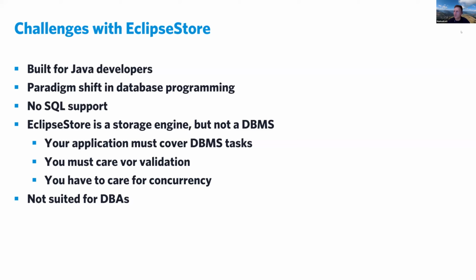There are some questions from the audience, mostly: how can I get access from third-party applications? Well, your Java application is now the center of your business logic, and you should create interfaces to let third-party applications access your in-memory database.